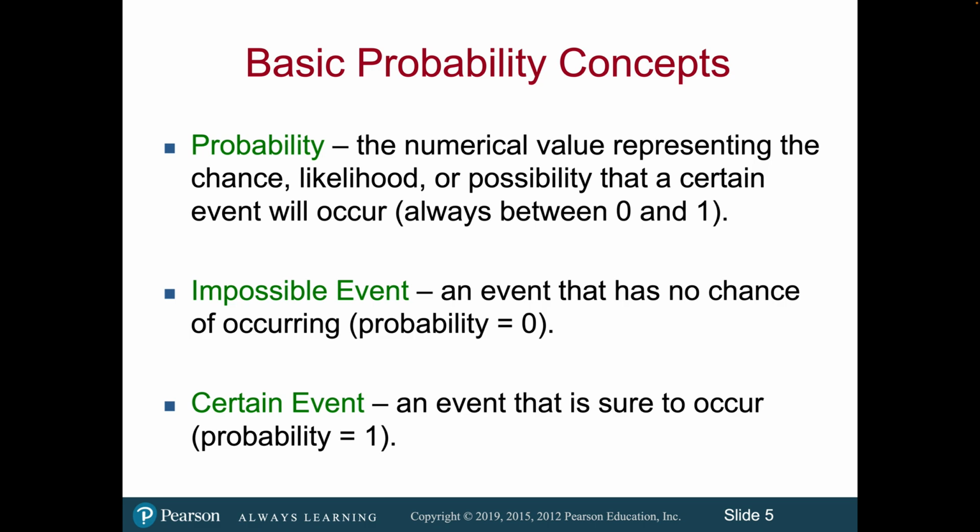Well, if I roll a die, what's the probability that the numerical value is 7? Well, it can't happen, so the probability is 0. If I roll a single die, what's the probability that the face value is either a 1, 2, 3, 4, 5, or 6? Well, that's going to happen every single time, so that probability would be equal to 1.